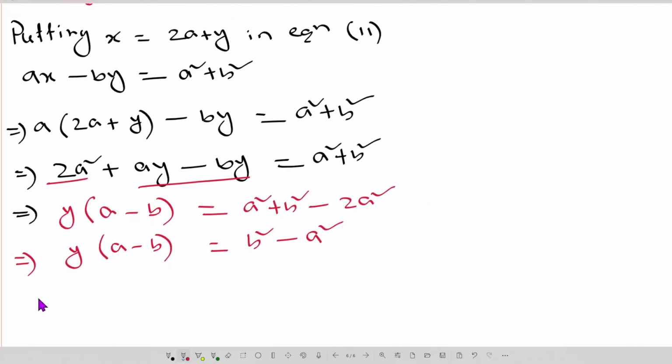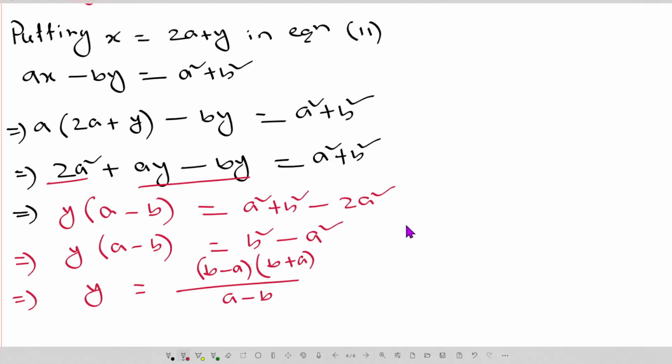Okay, so y equals b square minus a square, we can write b minus a times b plus a, divided by a minus b.